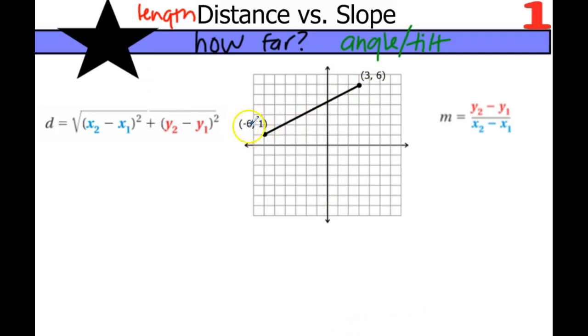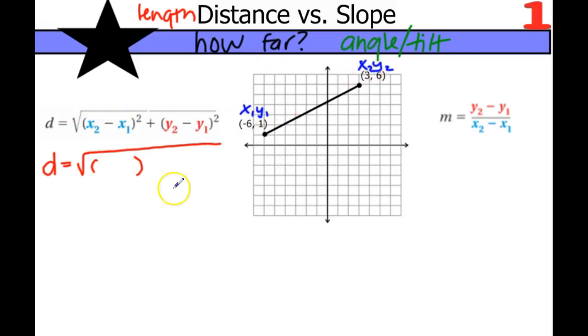So we have our 2 points, (-6, 1) and (3, 6). I'm going to label them. I'm just going to pick this as my first point, x1 and y1, and this is my second point, x2 and y2. So if I plug this in, I have d for the distance equal to the square root of, and now we're first going to subtract our x's, x2 minus x1.